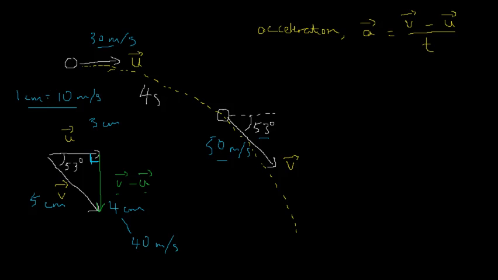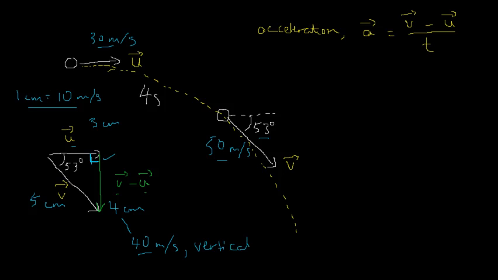V minus u is a vector with a magnitude of 40 meters per second, and it is 90 degrees to the horizontal vector u, which means that it is vertical. It's 40 meters per second, and it is vertical.